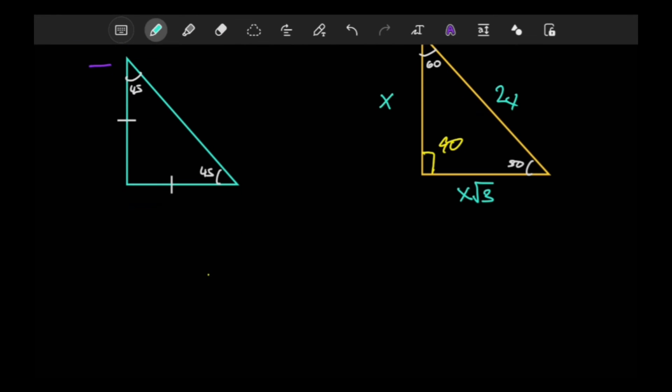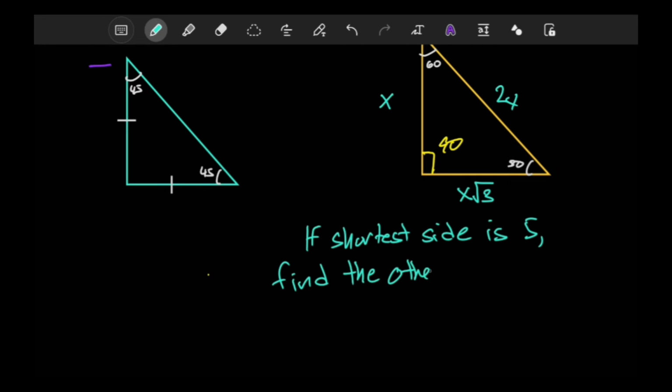Let's say if the shortest side is 5, find the other sides of a 30, 60, 90 triangle. So how to do that?